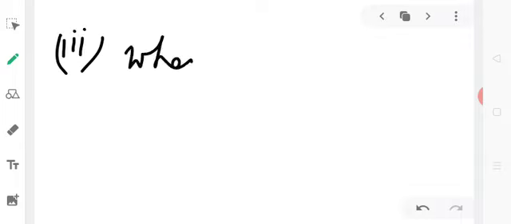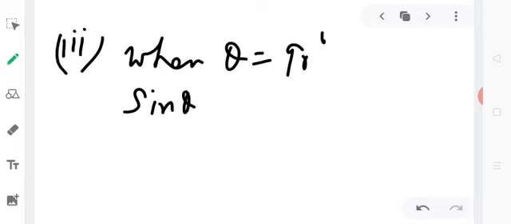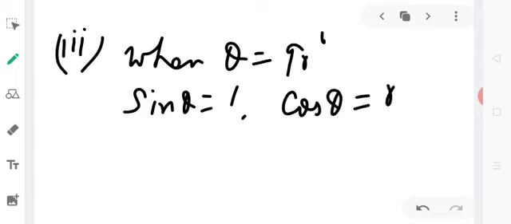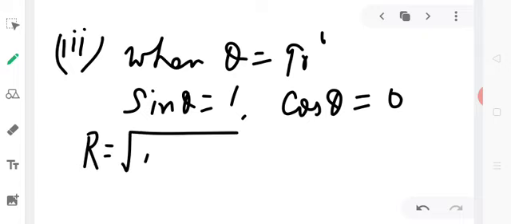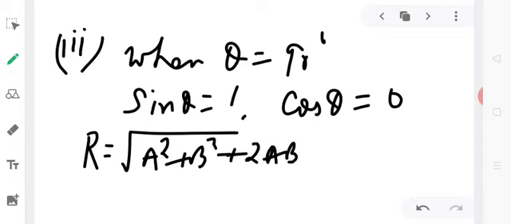When the two vectors act at right angles to each other, that is theta is equal to 90 degree, then sin theta, that is sine of 90 degree, is 1, and cos theta, that is cos of 90 degree, is 0. So obviously resultant vector R is equal to root over A square plus B square plus 2AB cos theta.